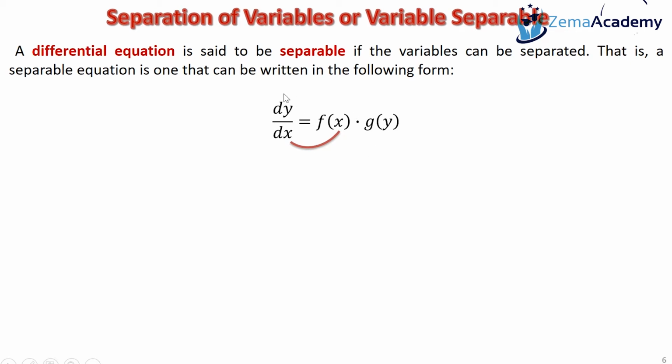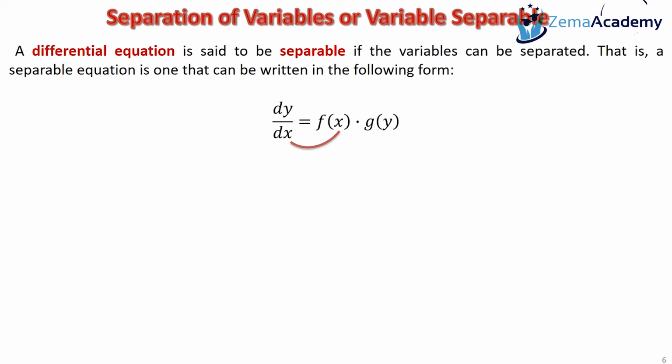Now you can see that there is a dy over here and there is a function g(y) over here. There is also a derivative dx on the left hand side, and there is a function f(x) on the right hand side.